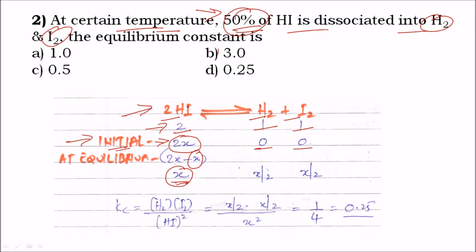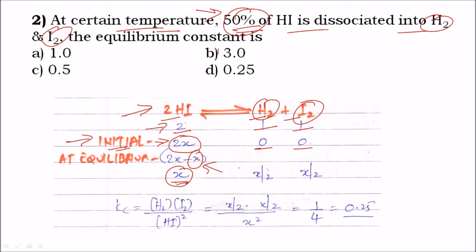Now at equilibrium, what are the concentrations of H2 and I2? So how do we find that? You know how much is reacting here? So x moles are reacting, right? They said 50% of HI dissociated, so only x moles are dissociating.